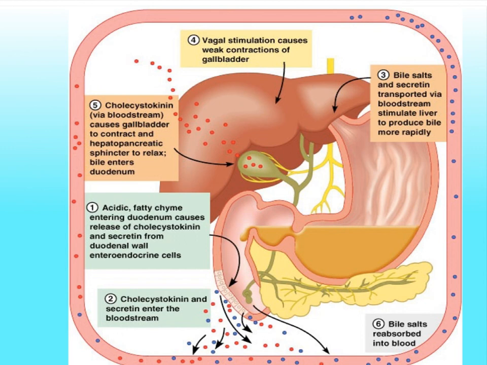And then we learned what controls the release of the bile. And the main control mechanism is hormonal in the form of cholecystokinin as well as secretin. The neural regulation mechanism is rather weak, but it's via parasympathetic fibers present in the vagus nerve.